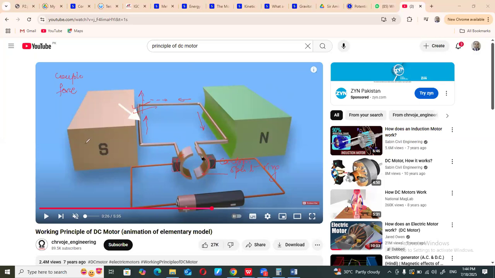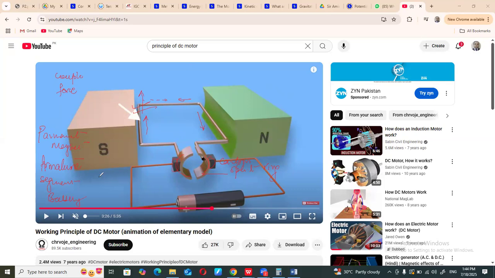So technically speaking, how many major components do you have? One is your armature assembly, or armature. Armature means a rectangular box along with the wound wire. Then you have a permanent magnet. Then you have a battery.